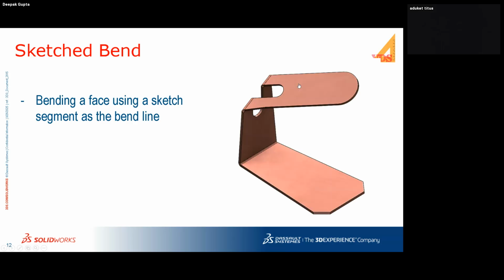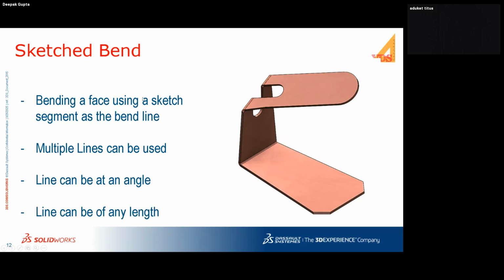Similar to this jog bend, we have something called sketch bend. There are majorly two differences between a jog bend and a sketch bend. In sketch bend, we do not get an option of keeping the fixed projected length, but the other option which we get is that we can have more than one line in the same sketch, and SolidWorks will use all the line segments to create the bend in the geometry.